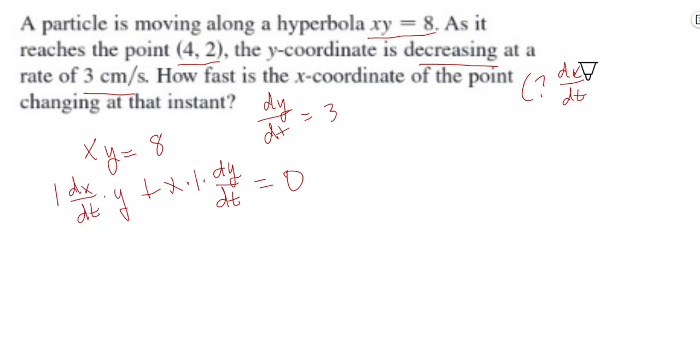What is dx/dt? Well, that's what we're looking for, so that stays. What is y? That's 2, so we plug that in. What is x? That's 4, so we can plug that in. 1 is still 1, so we multiply. And then what's dy/dt? It's 3.